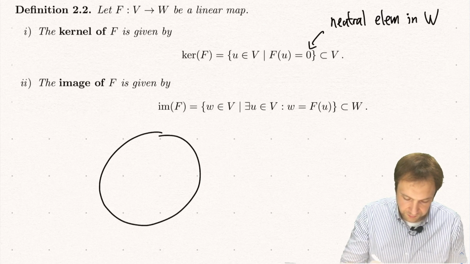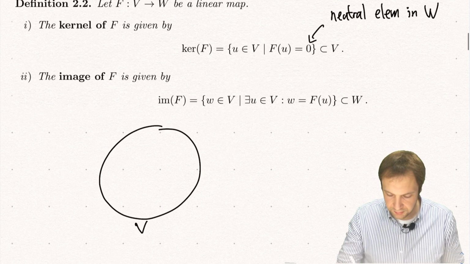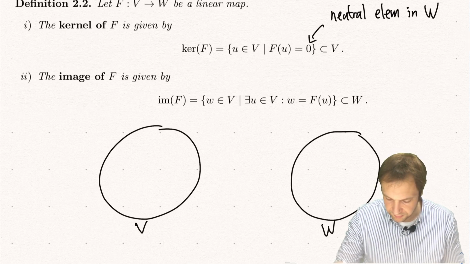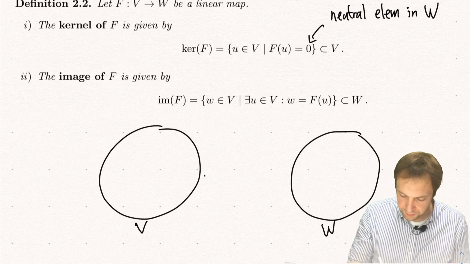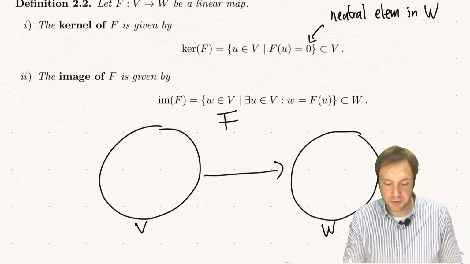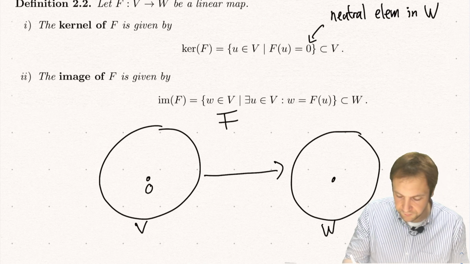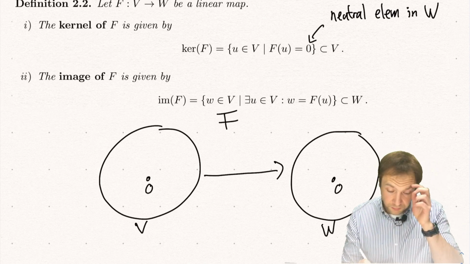So let me draw a picture here. This is V and this is W. A map F goes from V to W, and in both of these vector spaces I have the neutral element 0.